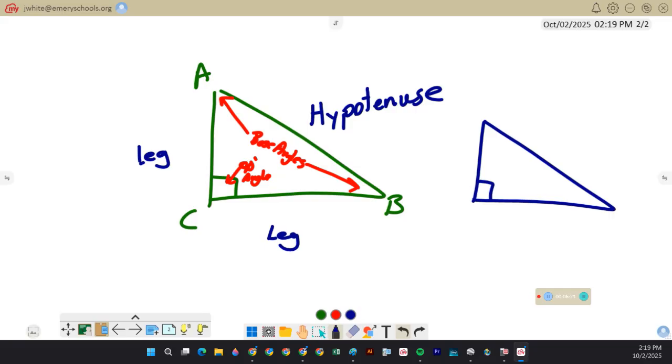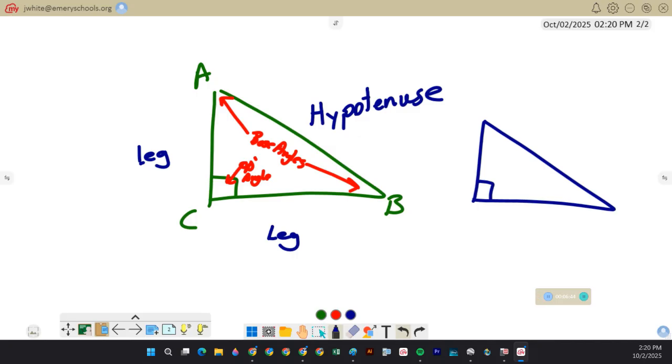In trigonometry, in right triangles, you always have to choose a base angle. You cannot choose the right angle. In big boy trigonometry, you can. But in sophomore trigonometry, where we're just learning the basics, you are not allowed to choose the right angle.